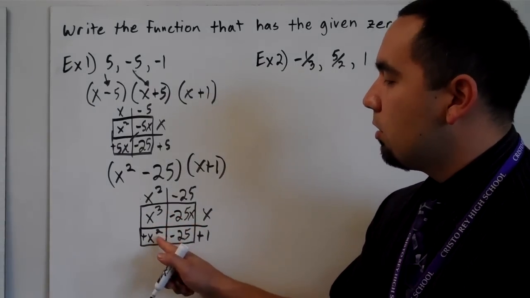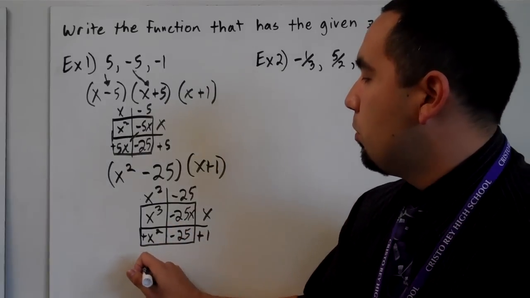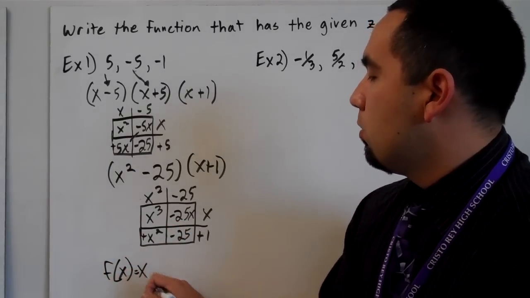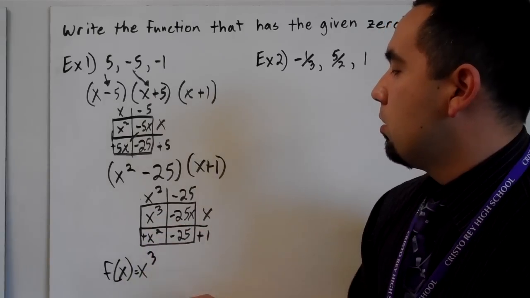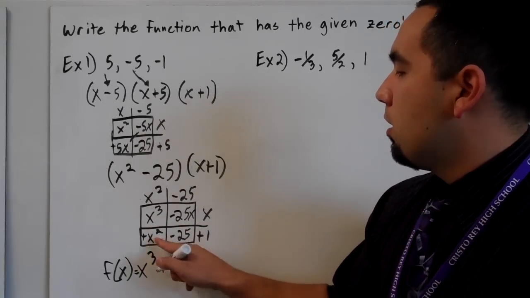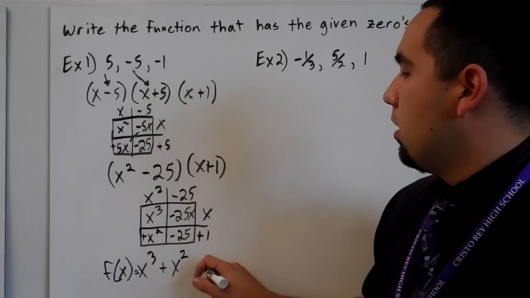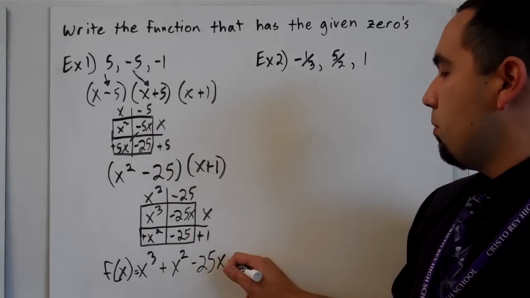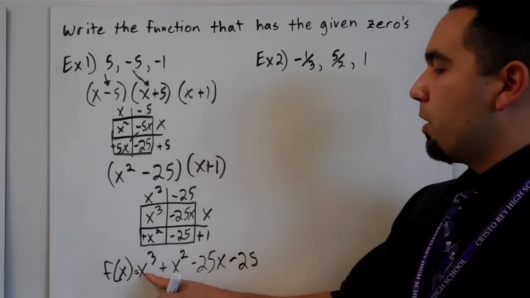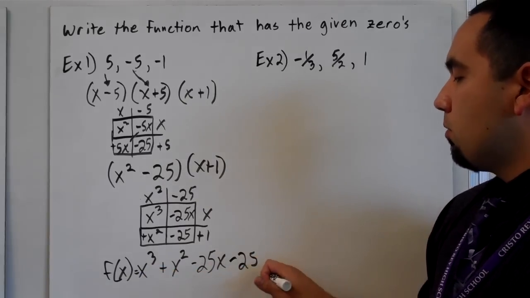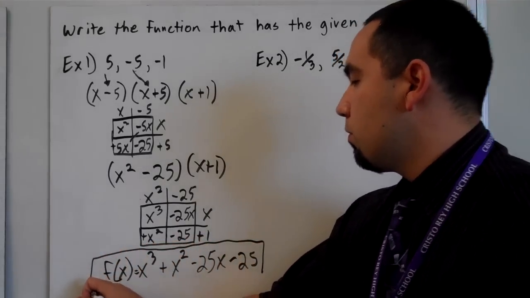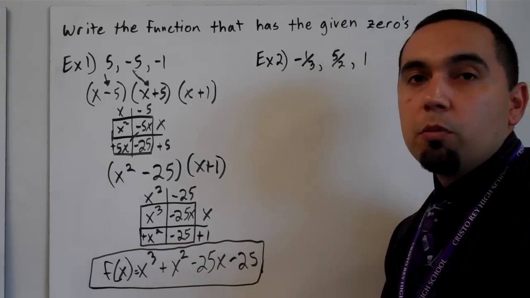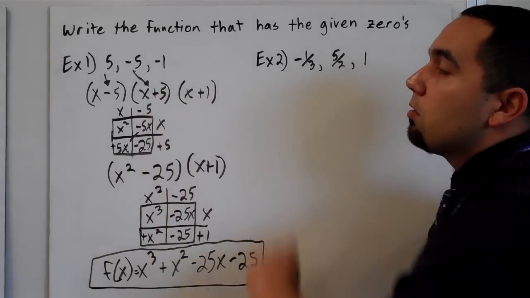These two are not like terms, so they don't add together. My final answer, or my function, would equal x cubed plus x squared minus 25x minus 25. I always want to put them in standard form, starting with my highest exponent and working my way down. So there is my polynomial written out with these zeros.